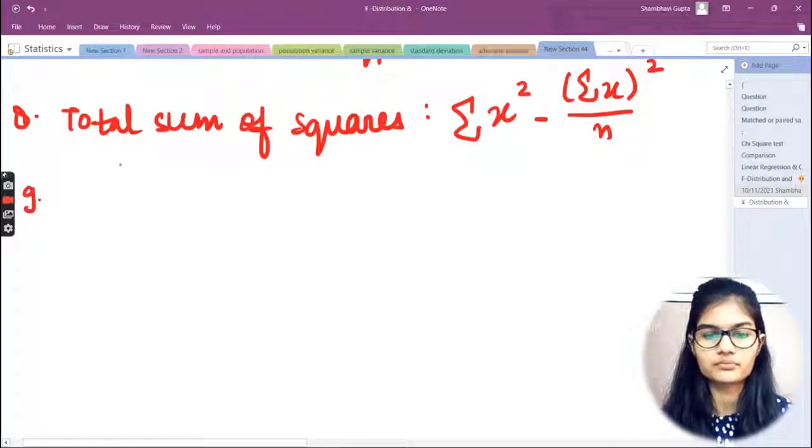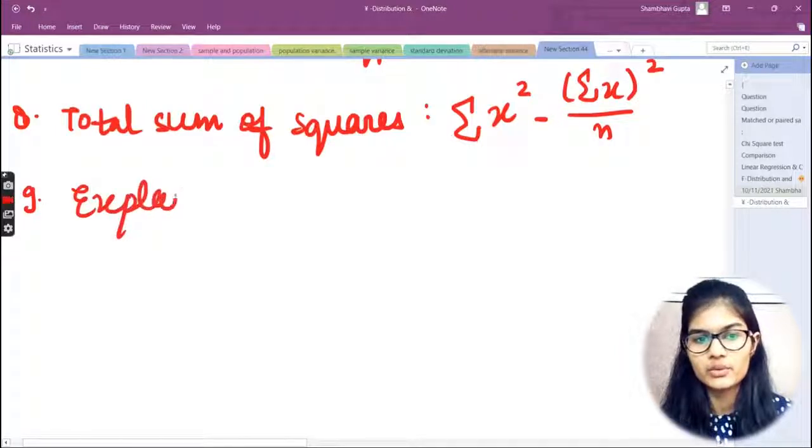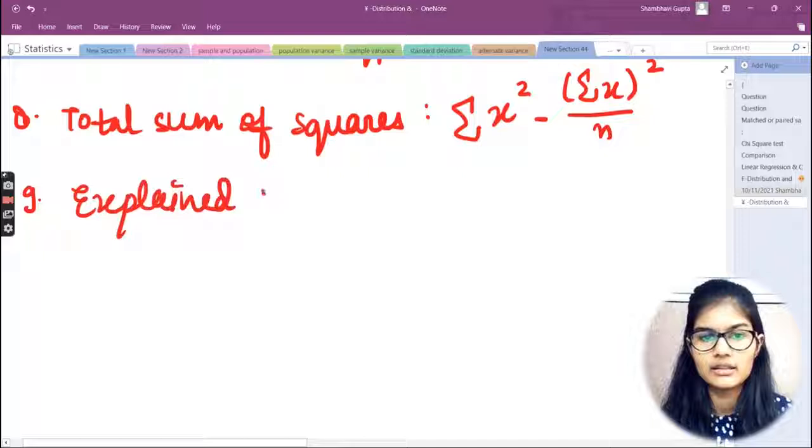Then now we have the explained variation.